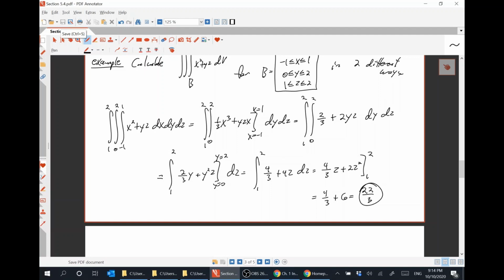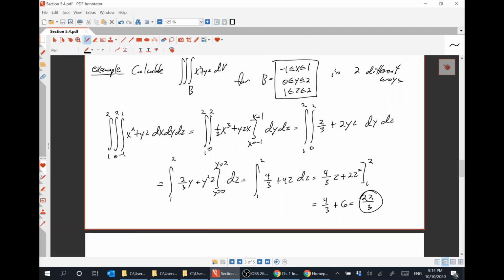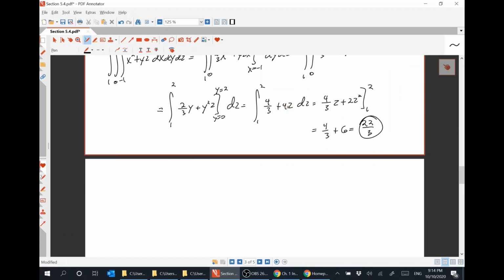Okay, let's calculate it in another way. So let's do y first, and then x, and then z. So x squared plus yz, and then this is dy dx dz.